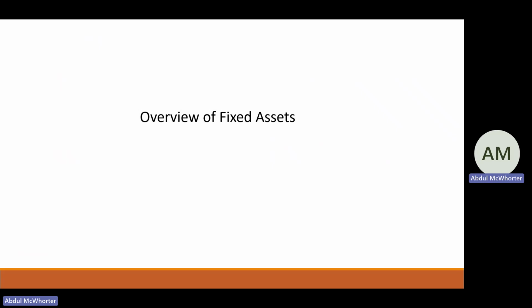One thing that we want to make clear is the fixed asset form houses all of the information for the fixed asset, so all of the information to maintain a fixed asset is contained on one page.